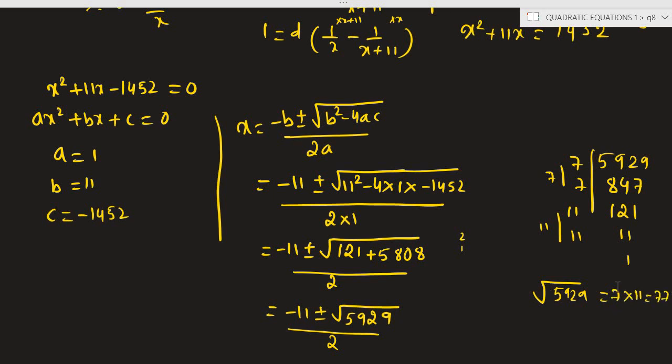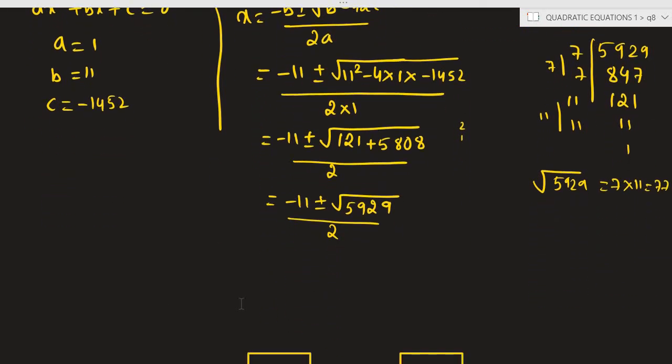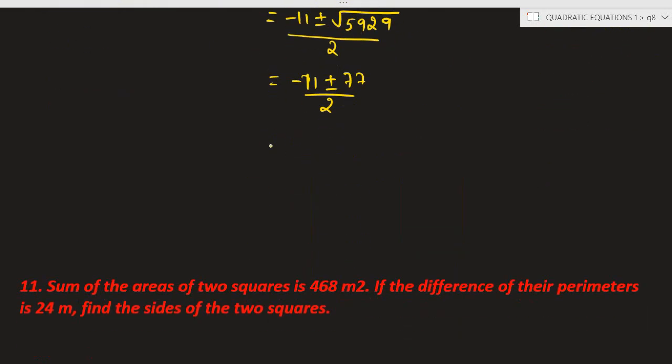So let us go to the next step. Now what is the answer here? x is equal to minus 11 plus or minus 77, divided by 2. So x is equal to minus 11 plus 77 divided by 2, or x is equal to minus 11 minus 77 divided by 2.